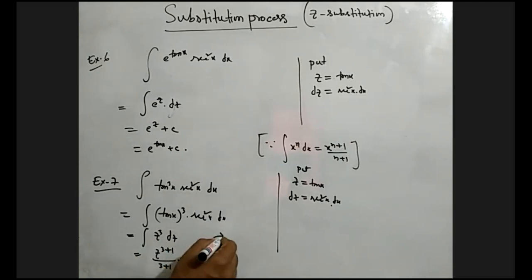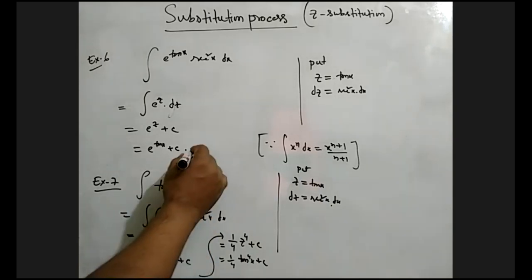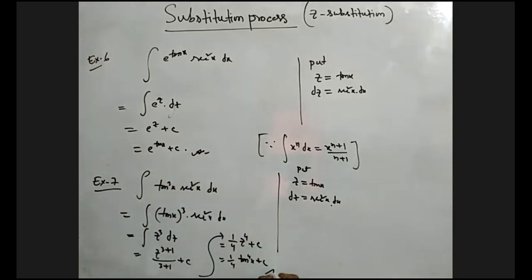So this equals 1 by 4 z to the power 4 plus c. So this equals 1 by 4 tan to the power 4 x plus c, because z equals tan x. This is the result. Same procedure.